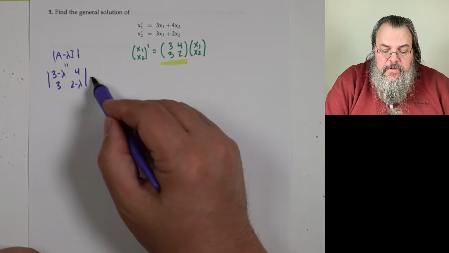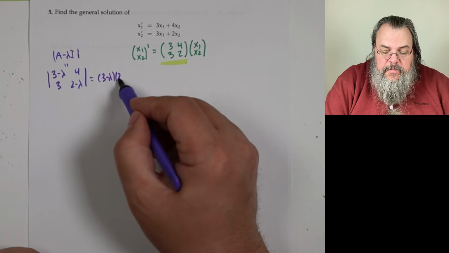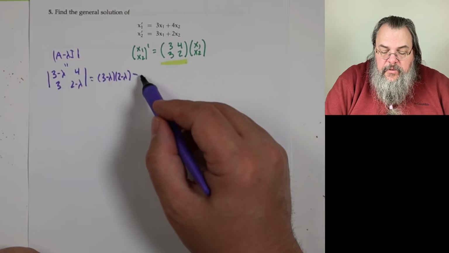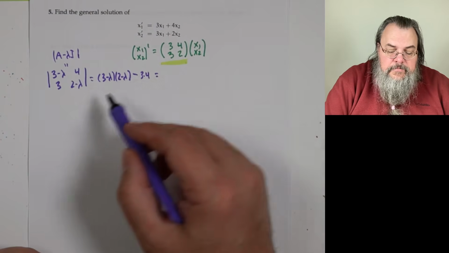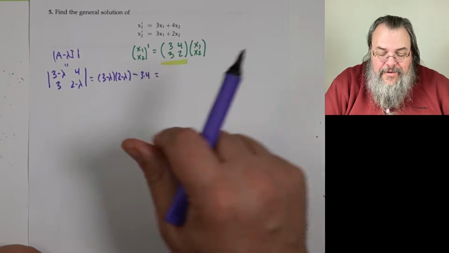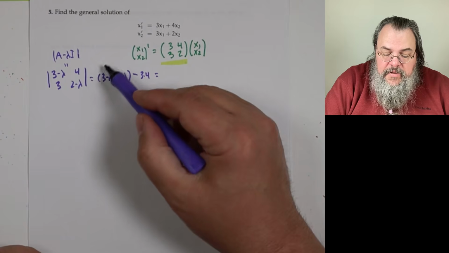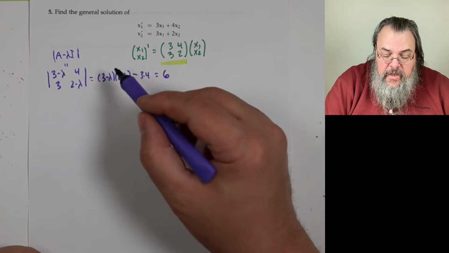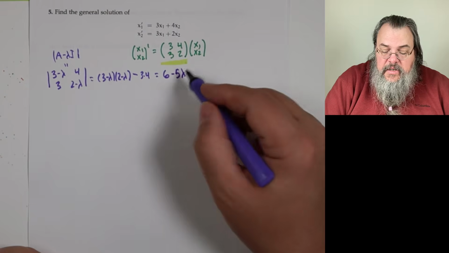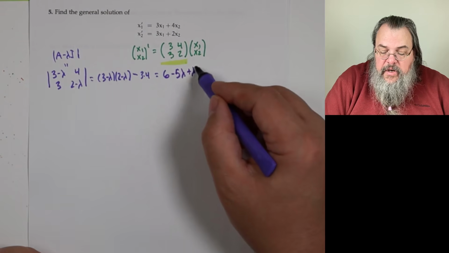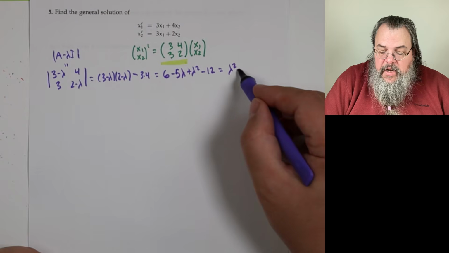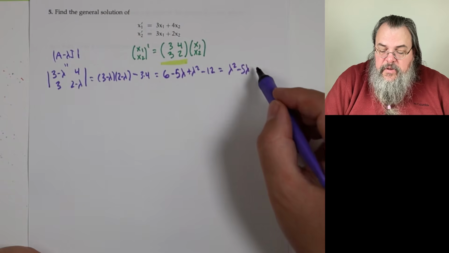All right, well, this becomes (3 minus lambda) times (2 minus lambda), subtract 3 times 4. This is a case where we should distribute. Previously, because these were the same, it didn't make sense to distribute, but here we should. That would give us our 6, and then we have minus 3 lambda minus 2 lambda makes a minus 5 lambda, plus a lambda squared and minus 12, or lambda squared minus 5 lambda, and 6 minus 12 is minus 6.